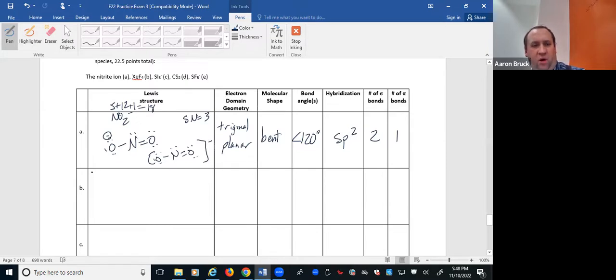All right, for the second one, we've got xenon tetrafluoride. 8 for the xenon, 7 for each fluorine, so 36 in total.